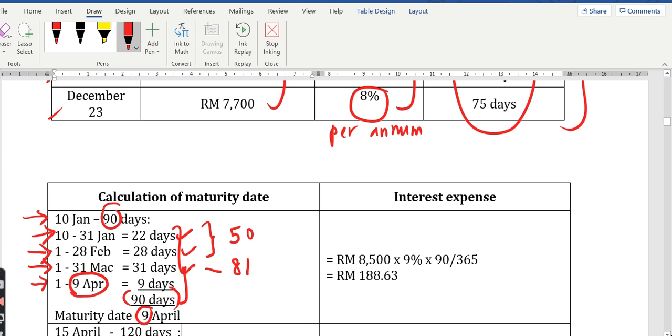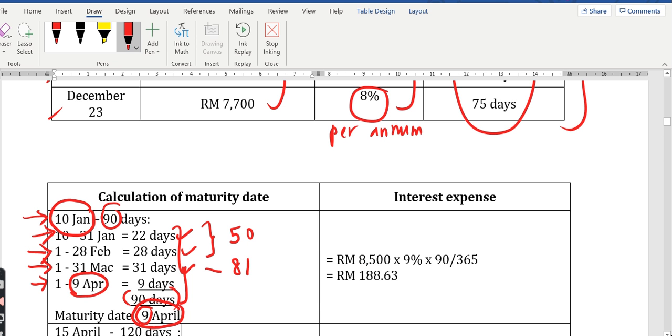If I were to record the journal entry, I will have two different dates. The first date will be 10th of January, the date of the issuance. And when I am settling the notes payable, the journal entry will be on the 9th of April.